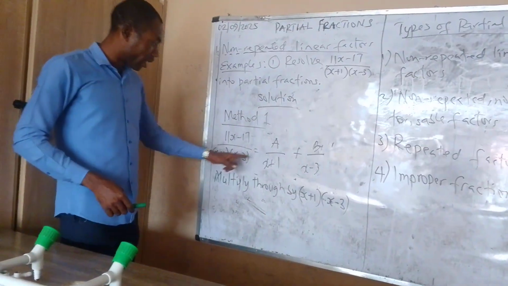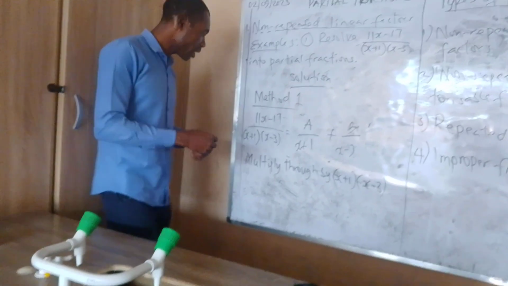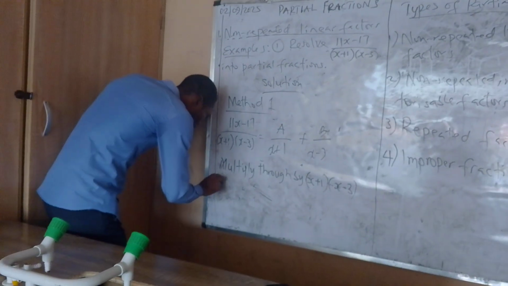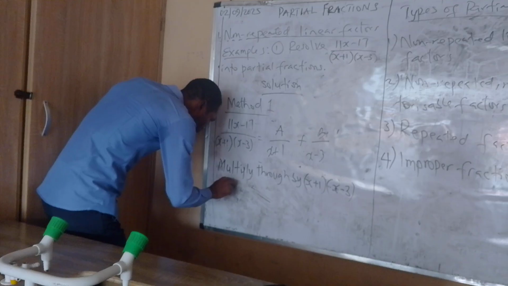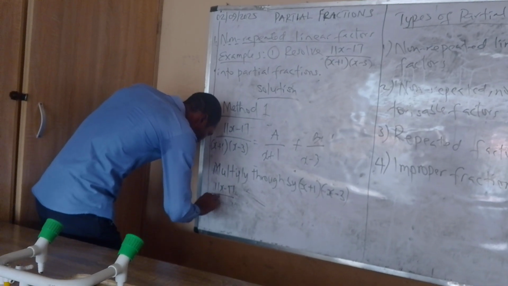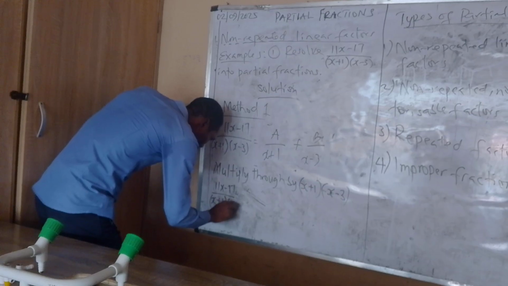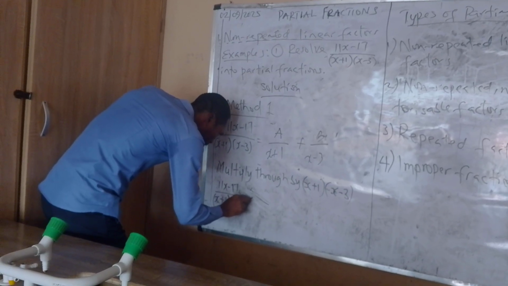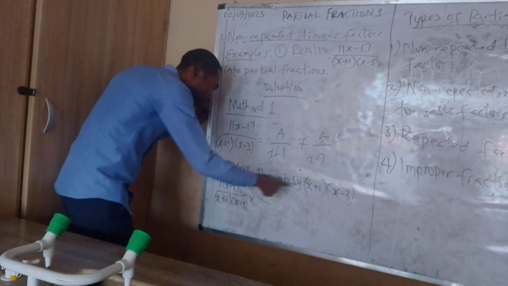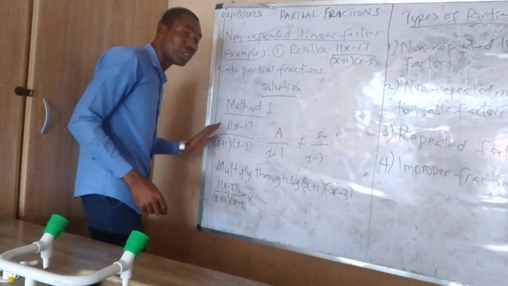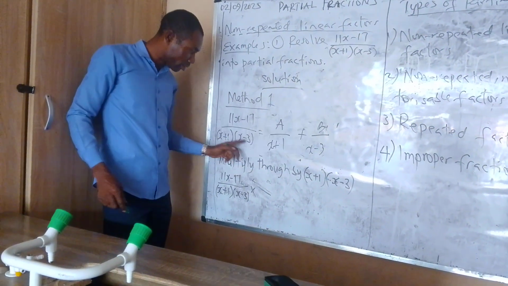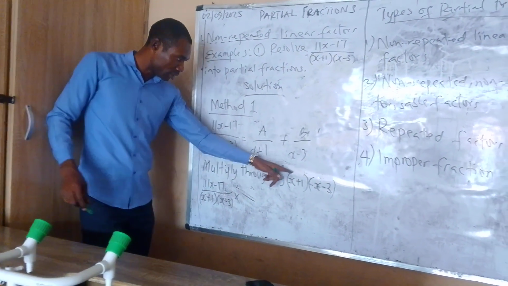Okay, don't forget I'm trying to clear off this. So if I do that, I'm going to have 11x minus 17 over x plus 1, x minus 3 times this same denominator. We are multiplying through by this. So this times this.